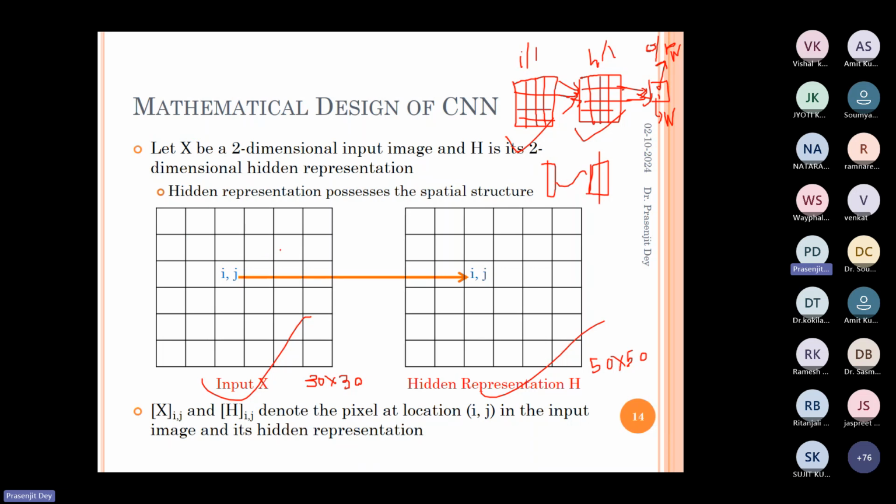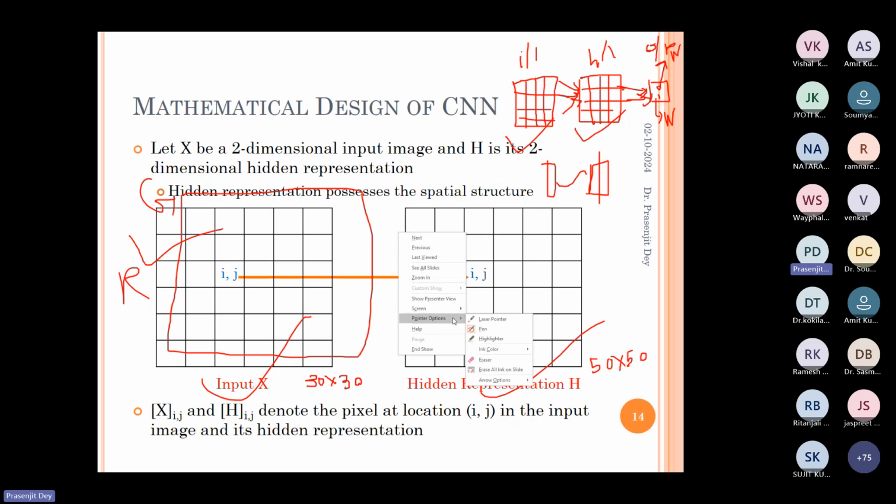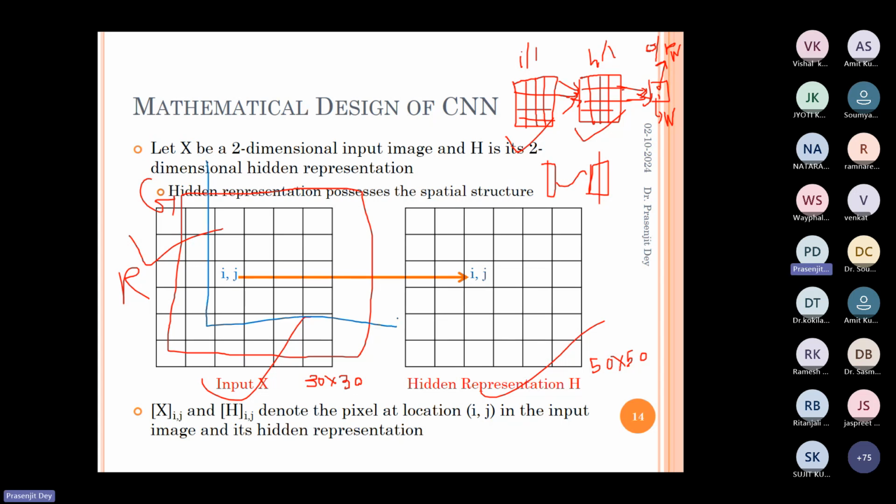But if it was a color image, there will be one matrix for the red, a similar matrix for the green, and another matrix, maybe for the blue.